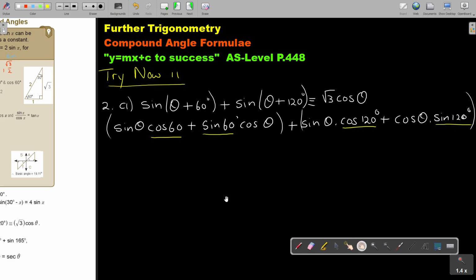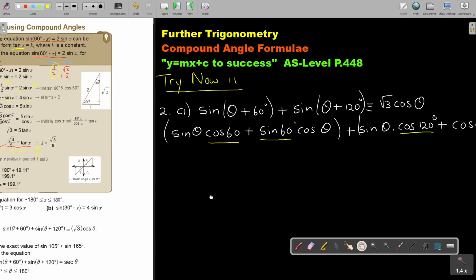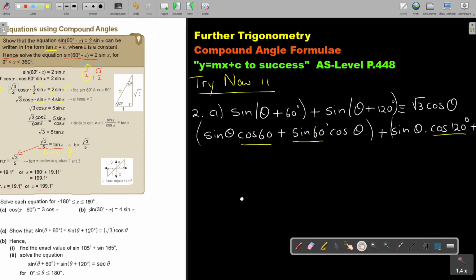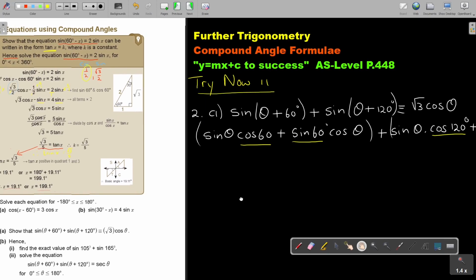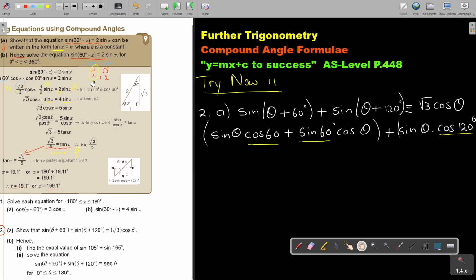I think we have it already from the unit circle. Let's just see if it was cos, yeah, this is the 60. Can you remember? This was also 60, so this is coming from the unit circle. So in quadrant 1, it will be this. But you must not forget, where is 120? 120 is in this quadrant, but it's also making that 60.